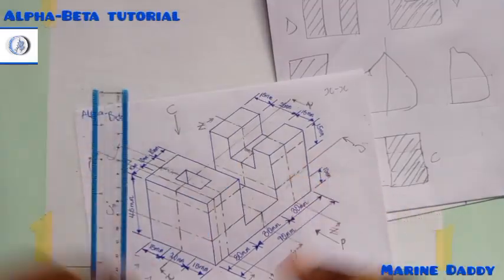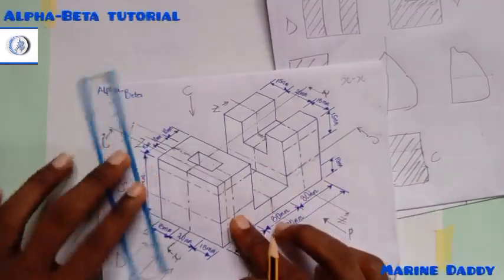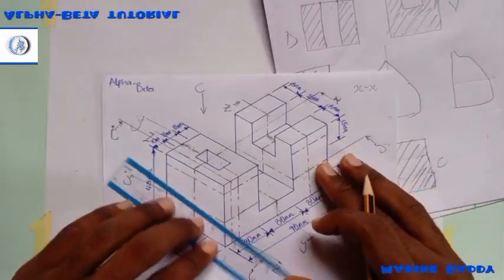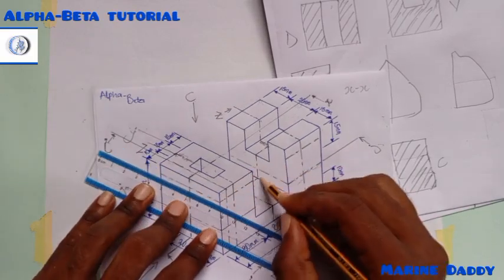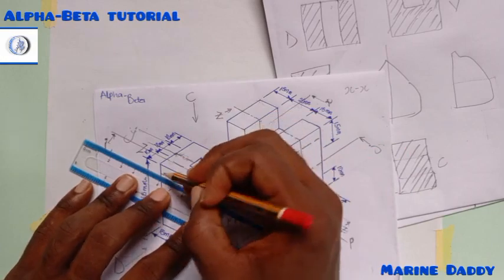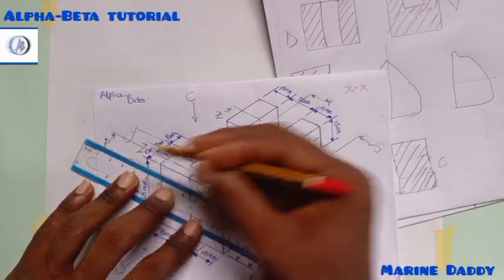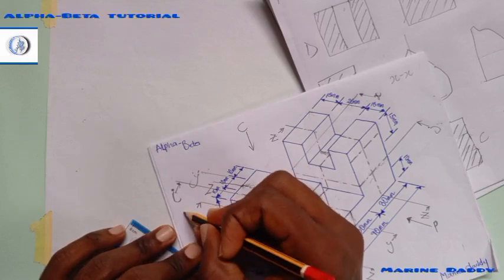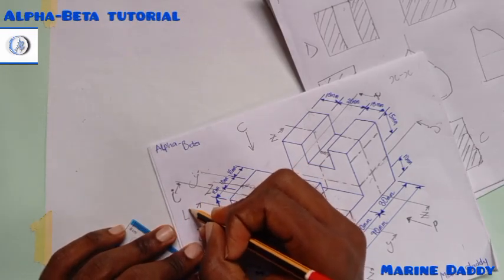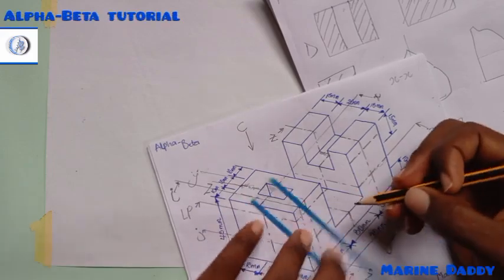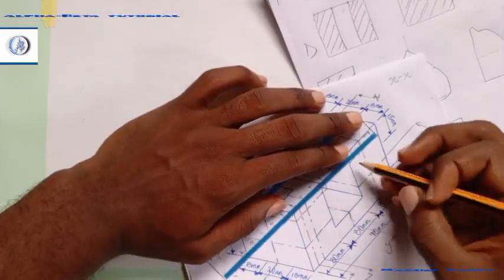Please pardon me, this diagram is looking somehow confusing, but this is what we are working on. So we are working with cutting plane LP 72, LP 73. You can name it anything at all.